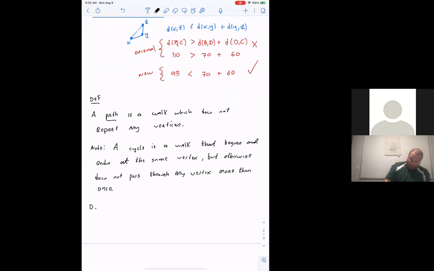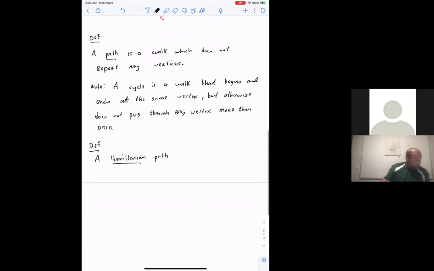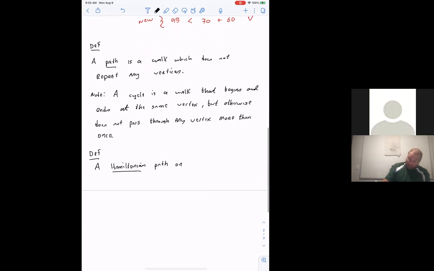So another definition, a Hamiltonian path. So if you recall last time we had an Eulerian trail, a Hamiltonian path or cycle. Well, if we think about it, this is a name. The name Hamilton is a very famous physicist and mathematician.